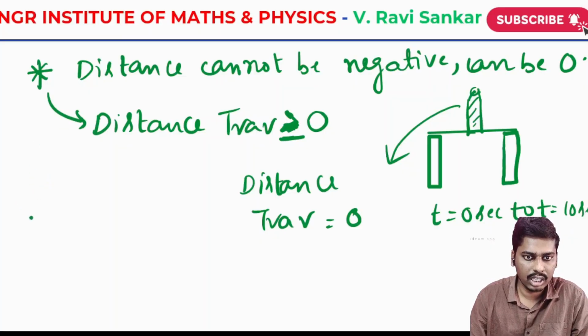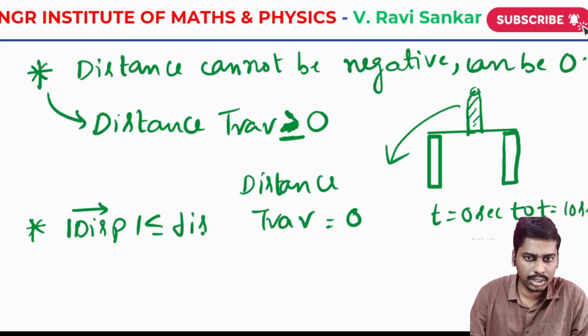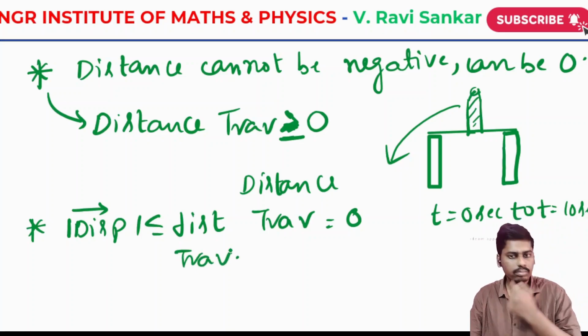And the second thing is, magnitude of displacement is less than or equal to distance traveled. It is also very simple.